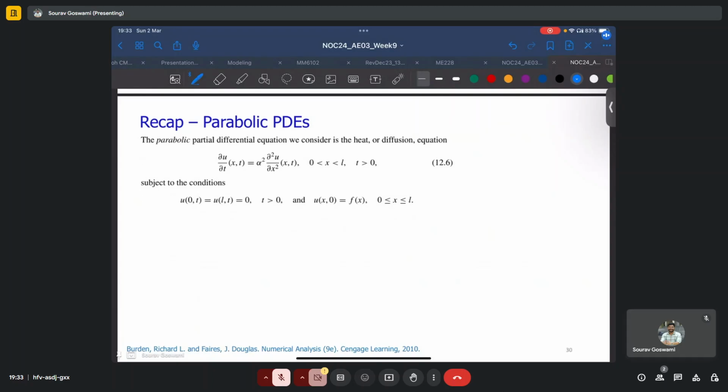Subject to the boundary condition u at 0,t equals u at L,t is 0 for all time greater than 0, and subject to the initial condition u at x,0 is equal to f(x) for 0 less than or equal to x less than or equal to L.